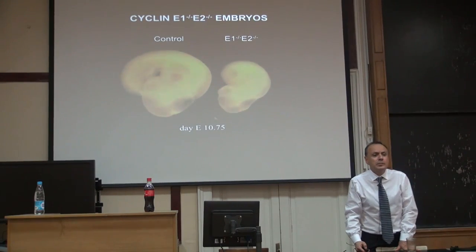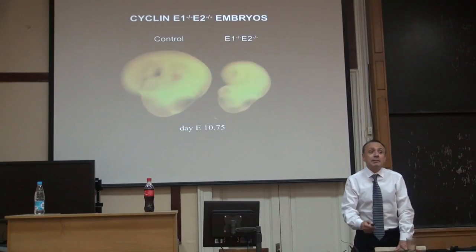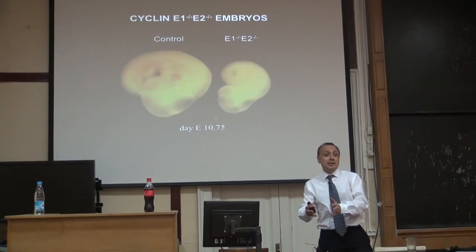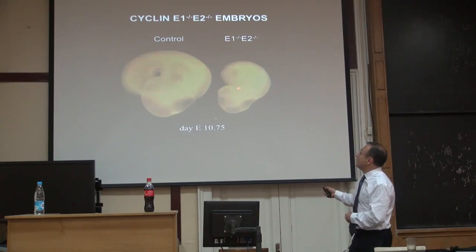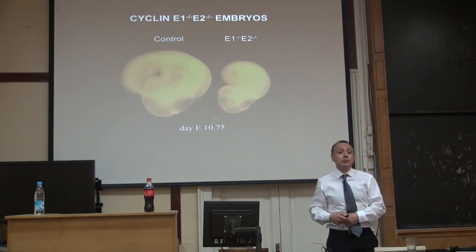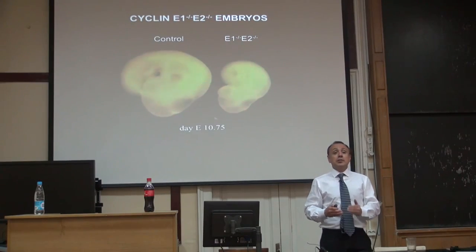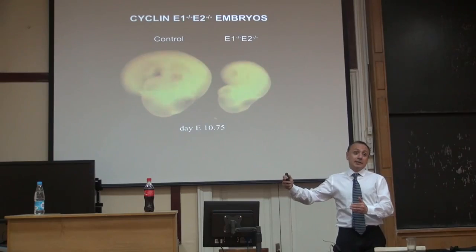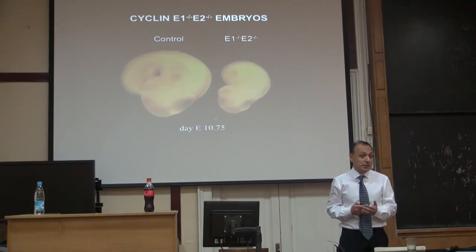Maybe cyclin E is necessary for the next stages of development. Well, but we are keeping them until they die. So this is the embryo that is going to die very soon. They are not dying because they know that they would die a day or 2 days later. They are dying because there's something missing in them.